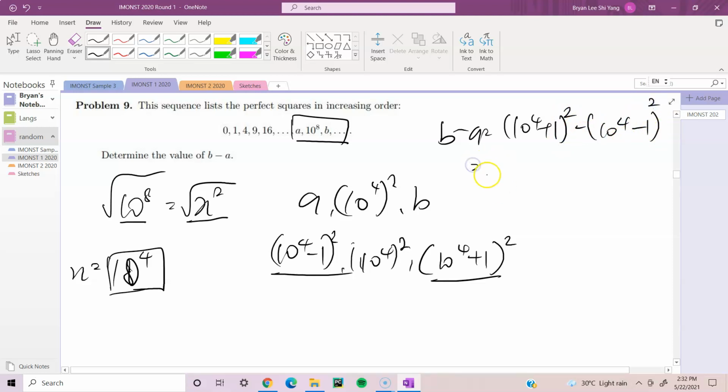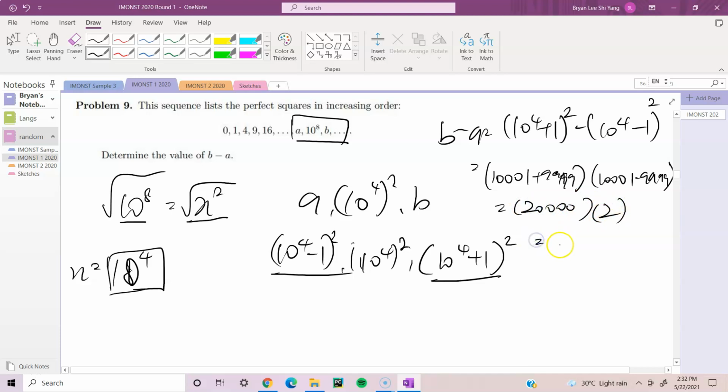We would have 10,001 plus 9999, and then 10,001 minus 9999. So what we would have is 20,000 times 2, which gives us 40,000. So this is the answer. This is a direct computation, so we do not fret much.